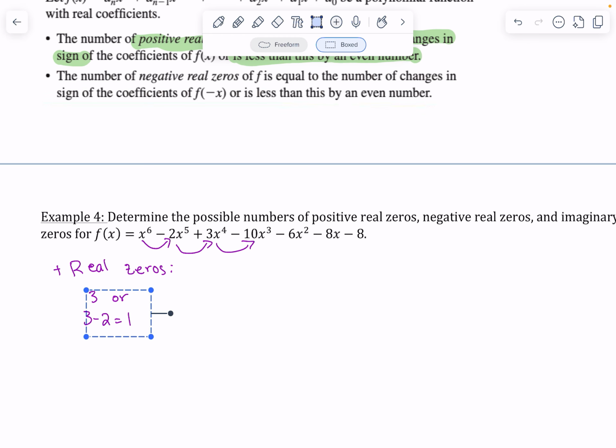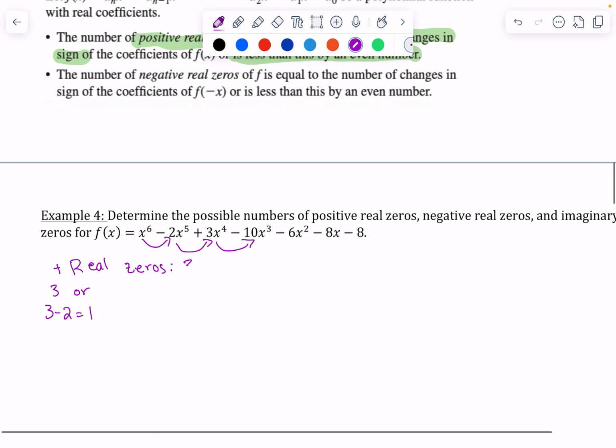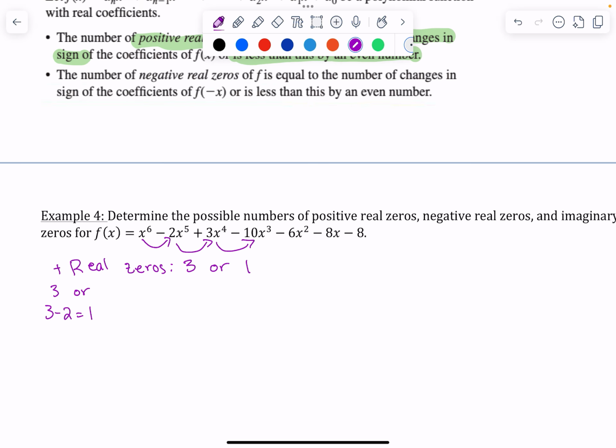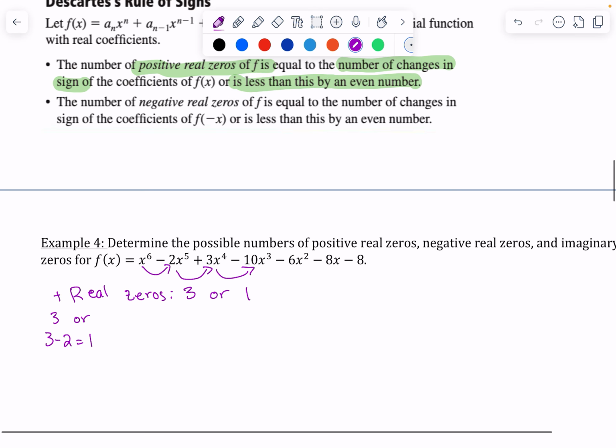Because if I was to keep subtracting, I would end up getting a negative number, and you can't have negative amounts of positive real zeros, okay? So that's the first thing. You look at f of x, how many times does the sign change, and then you keep subtracting that value by 2 until you can't anymore.